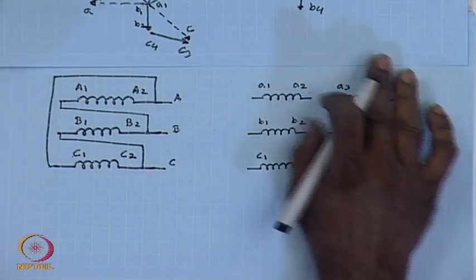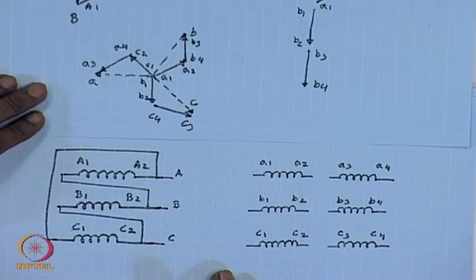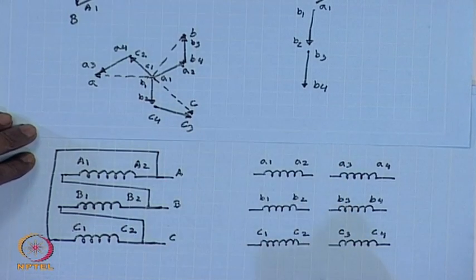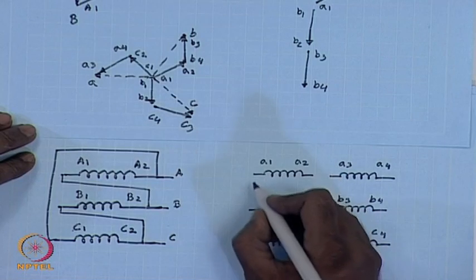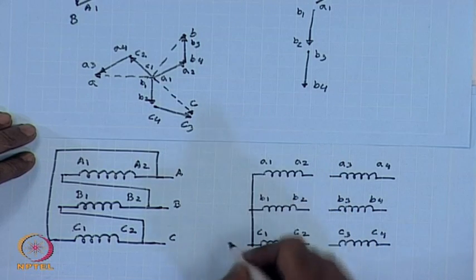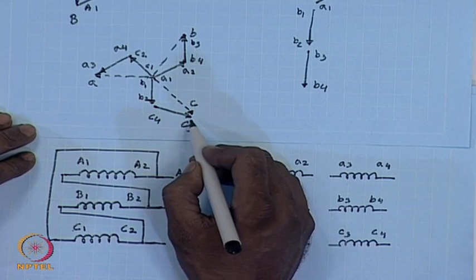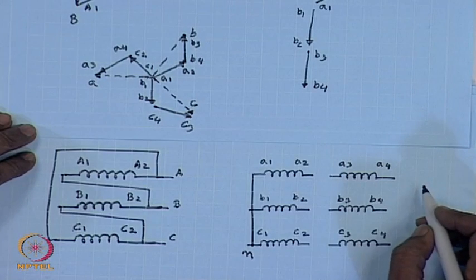According to the phasor diagram, in this case the star point is formed by connecting A1, B1, C1. So, this is the star point and terminals are taken out from A3, B3, C3.